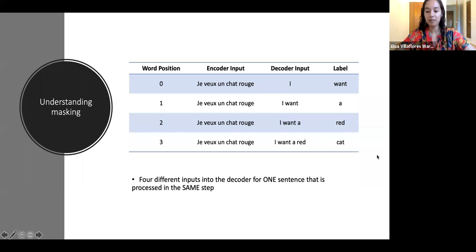So basically what we're training the model to do in the training step is to say, if you see a feature vector for je veux un chat rouge, and you also see the English words I want a, then your label should be red. Does that make sense? So I see a feature vector that represents this, and I also see an English part of a sentence which says I want a red, then I want the output of the decoder at this point to say cat.